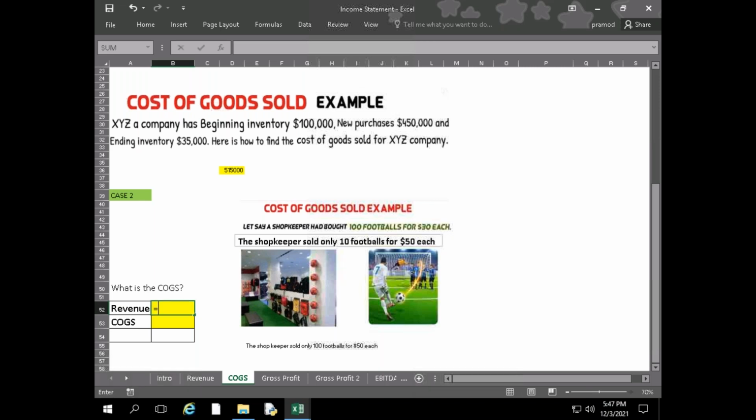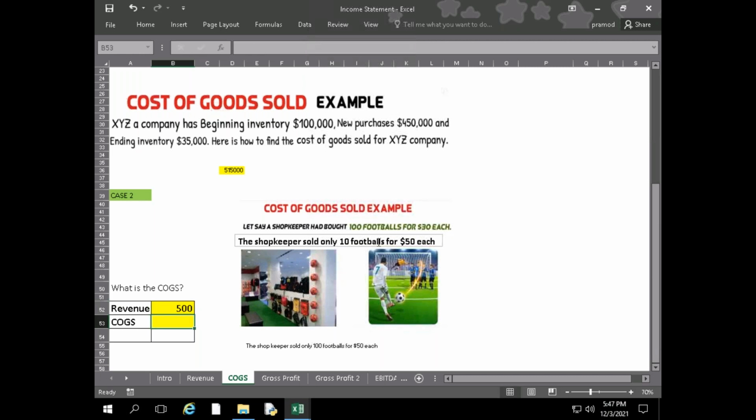How come 500? Quantity into price, sir. Here the shopkeeper sold only 10 footballs for 50 each. So this is my revenue, correct? So 10 into 50, that is 500.